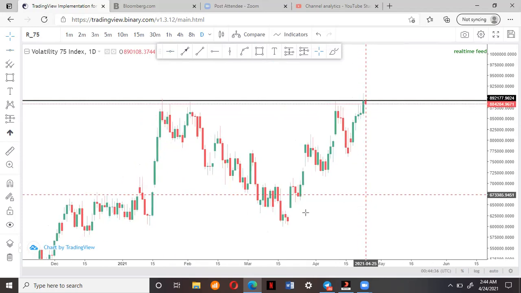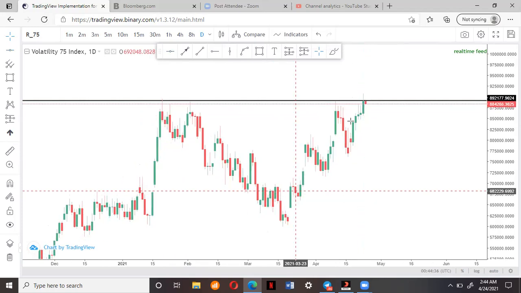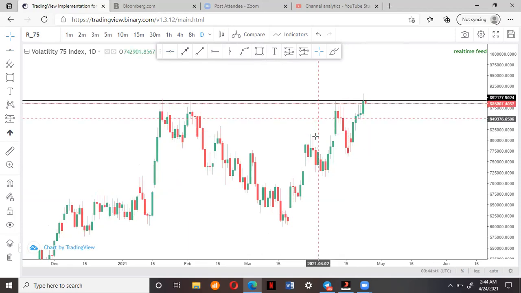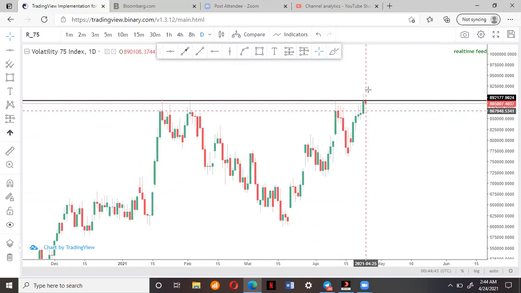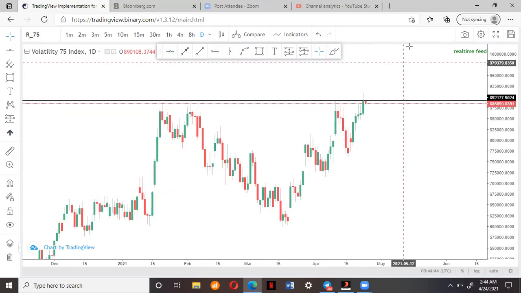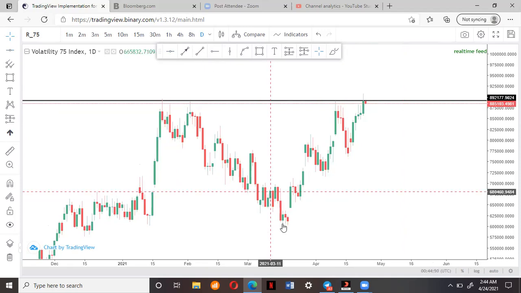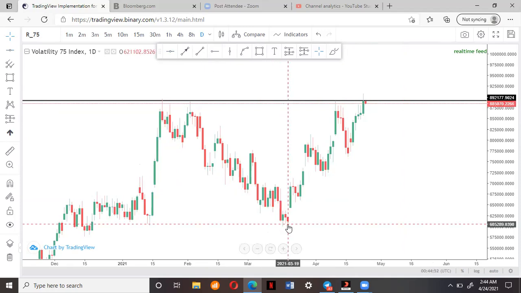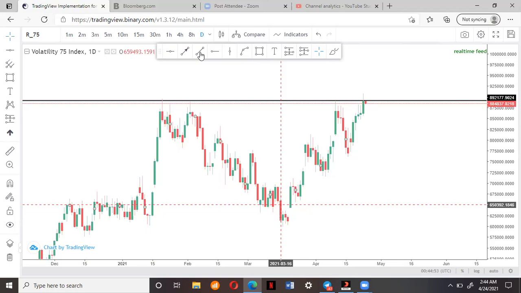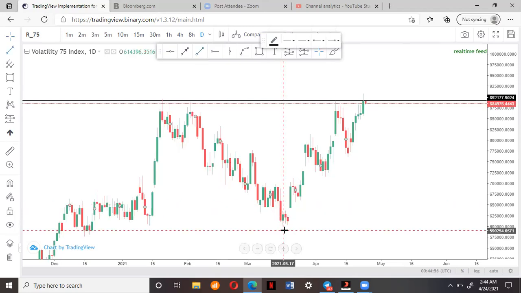Looking at the momentum of this channel structure here, I can surely tell you that we are breaking out of this trend line and continuing going up. You can see the momentum there, the level of aggression in the structure.